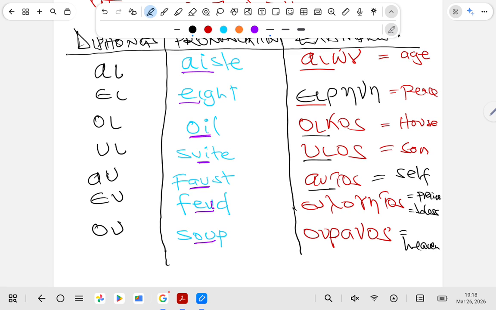For now, this is it for this lesson. Please enjoy your time, enjoy studying. I've given you at least 7 vocabulary words in Greek here for you to recognize and begin practicing, both the writing of it and the pronunciation of it: aiōn, age; eirēnē, peace; oikos, house; huios, son; autos, self; eulogētos, praise or blessed; ouranos, heaven.